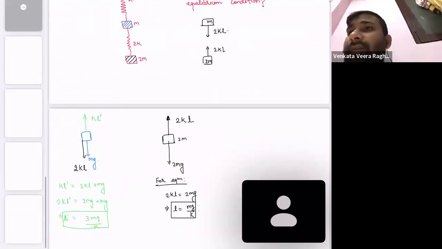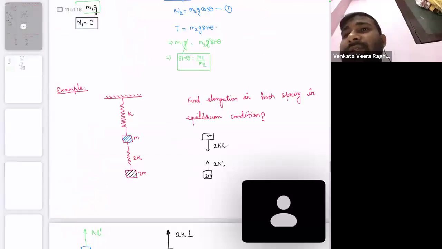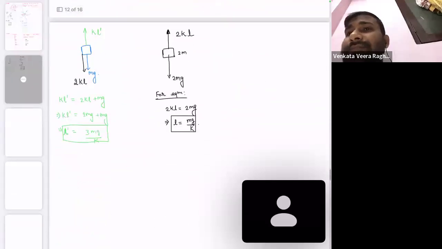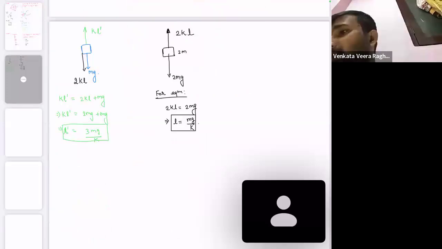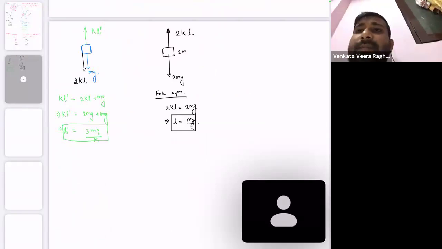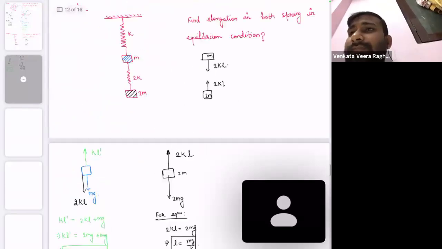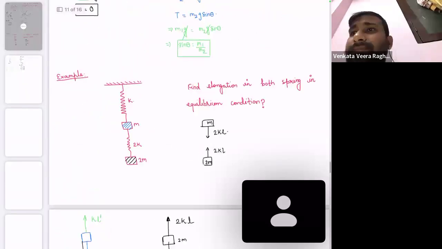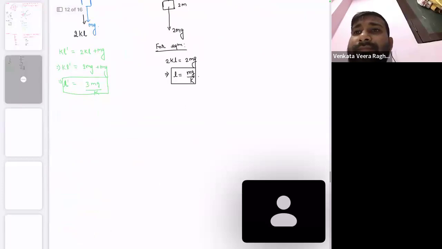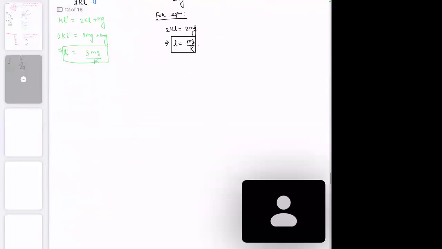That if a body is in equilibrium, then what will be the forces acting on that? So that is what we discussed in the last class. Please tell me, clear up to this? Yes, sir. Right.